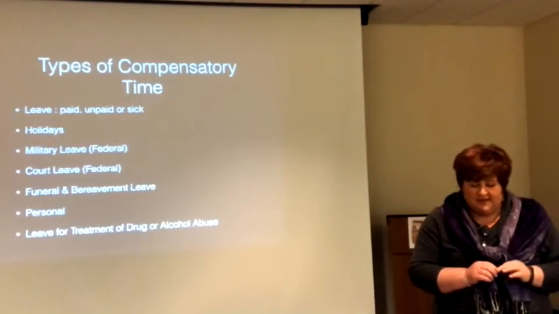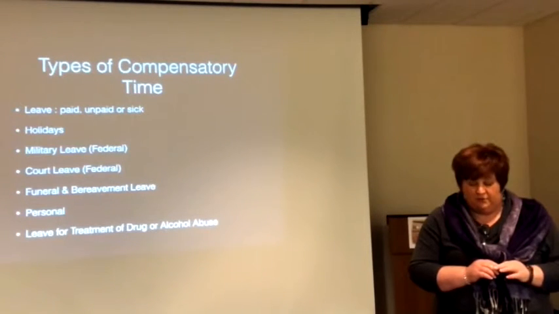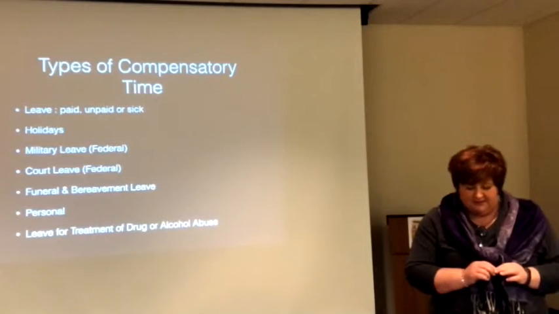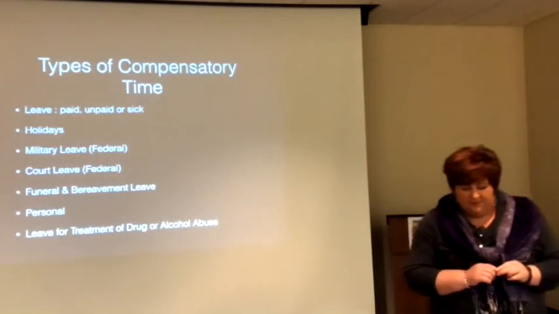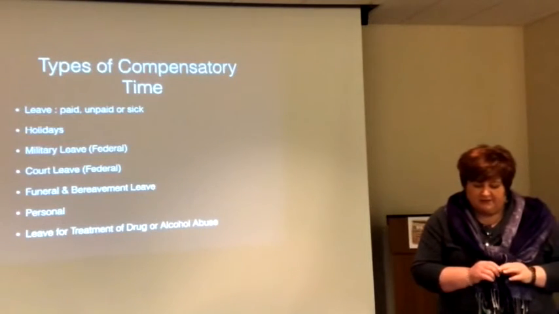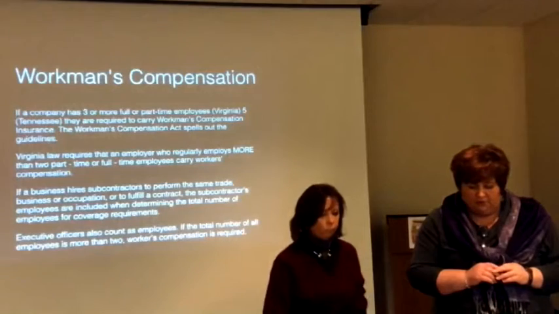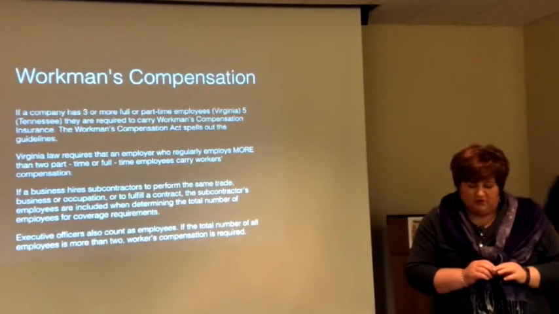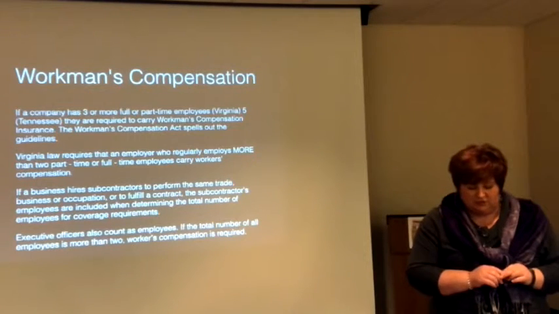So, the next is workman's compensation, and this is something that is obviously a very important thing to employees. If a company has 3 or more full or part-time employees in Virginia and 5 in Tennessee, then you're required to carry workman's compensation insurance. The Workman's Compensation Act spells out the guidelines. Virginia law requires that an employer who regularly employs more than 2 part-time or full-time employees carry this workers' compensation insurance.